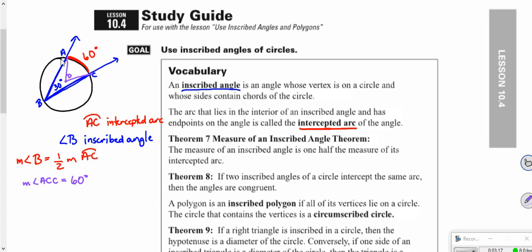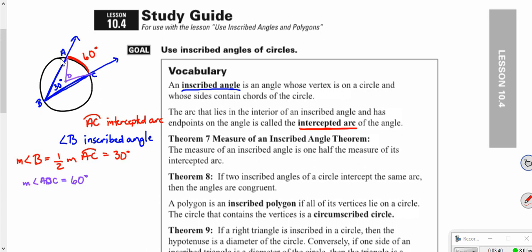Central angles equal their arc measures, okay? Inscribed angles are 1/2 of their arc measures. So I just thought I'd throw that out there. I should have finished that one, so it's 30.